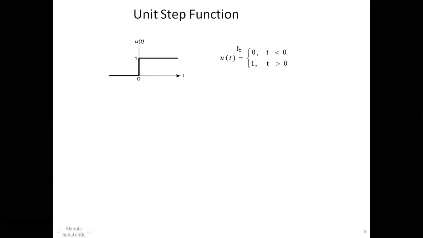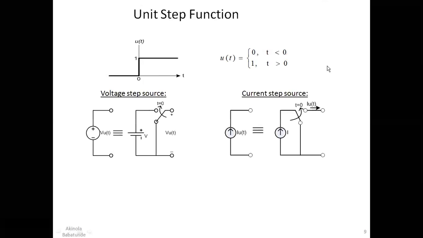All right, what if we have another function? But before we go into that, I'm just going to briefly explain a couple of things. Now this is a voltage step source. What we usually have here, you can see we have V u of t here. This is a voltage step source. This is the usual configuration we're familiar with.